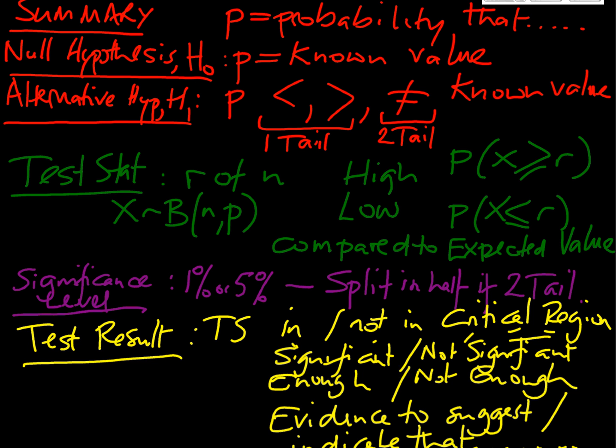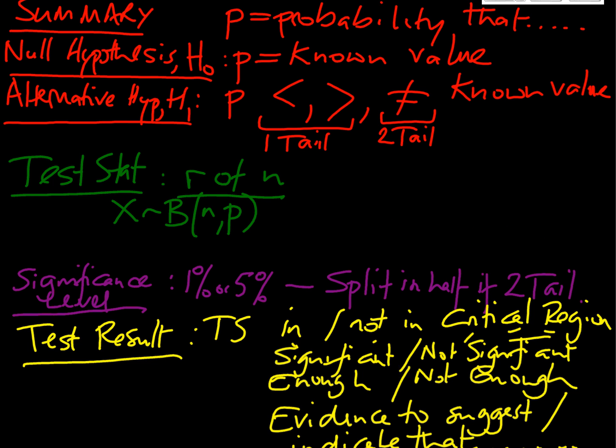We've got our test statistic, which is R of n, so that's our 13 of 20 in this case. In this method, we don't need to do any more than that. We're just going to position our R value, our test statistic, as to whether or not it's in the critical region.